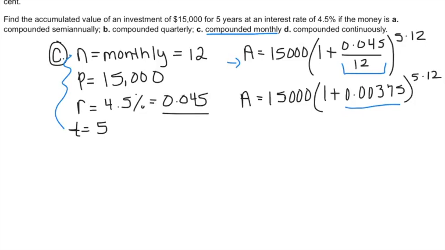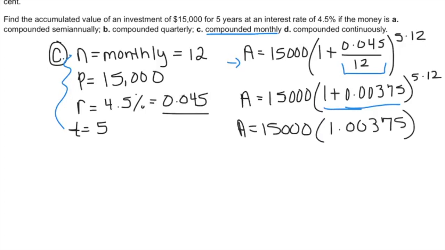Now I'm going to add 1 to that decimal in parentheses. I'll also go ahead and multiply the values in the exponent position. So 5 times 12 is 60. And then my next step is to raise 1.00375 to the 60th power.